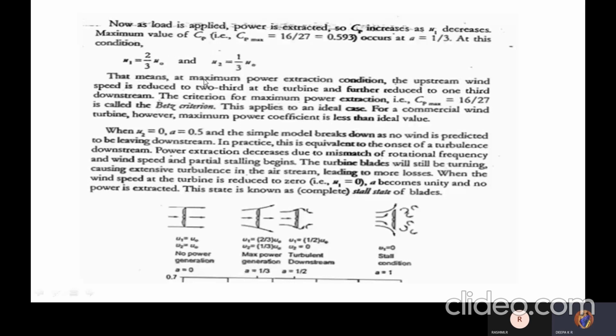This is the important derivation, and corresponding to that you can find the CP curve for changes of the A fraction. You find CP on the y-axis and the A parameter on the x-axis. As the value of A increases, CP also changes correspondingly, with A at 1/3, 1/2 and 1.